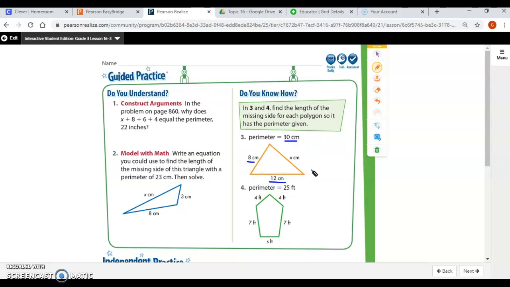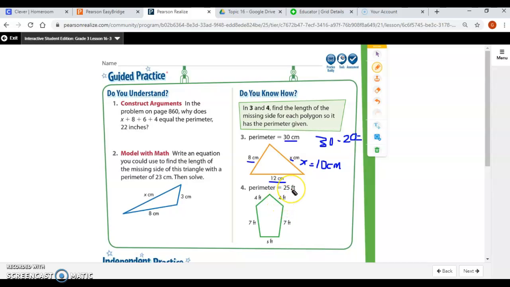So again, we need to add up the sides that we know and take that number and subtract it from the perimeter. So I know that 12 plus 8 is 20. So I need to do 30 minus 20. And I know that 30 minus 20 is 10. So x equals 10 centimeters.